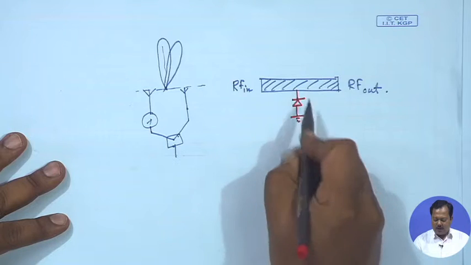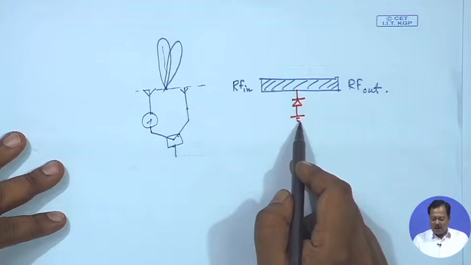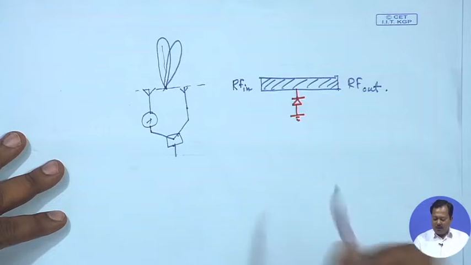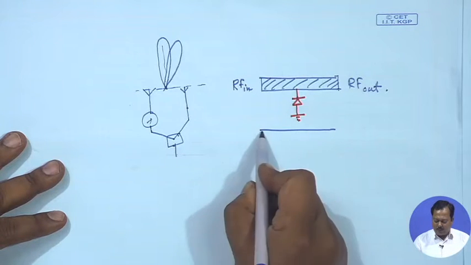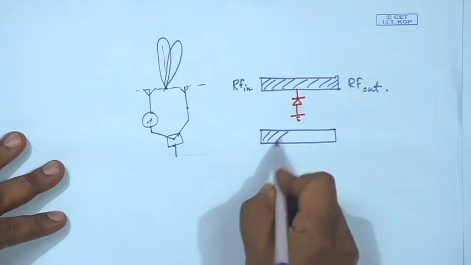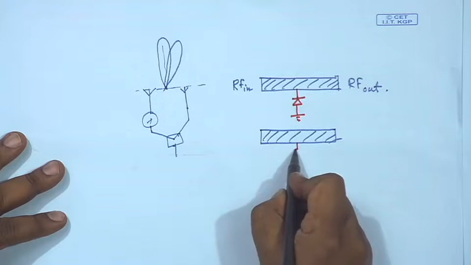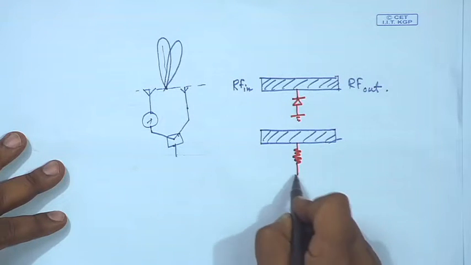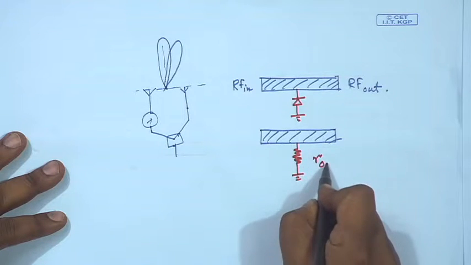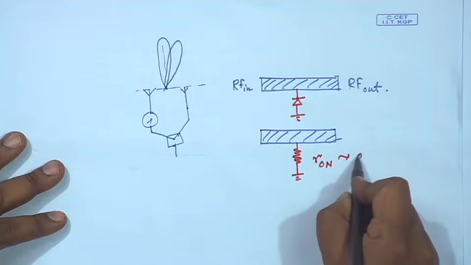So, it is connected between the microstrip line and ground. Now, when the diode is on, in that case we can represent the diode by a small equivalent resistance R on. Typically, R on is just a few ohms.